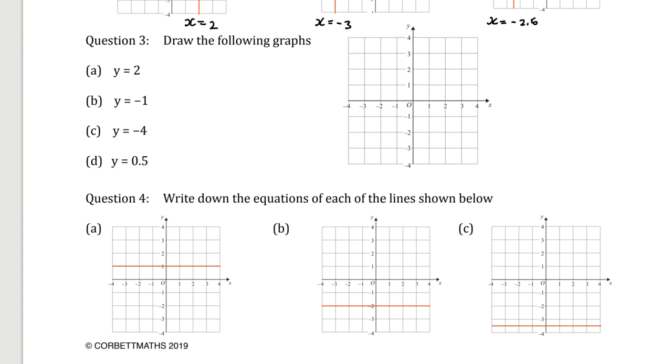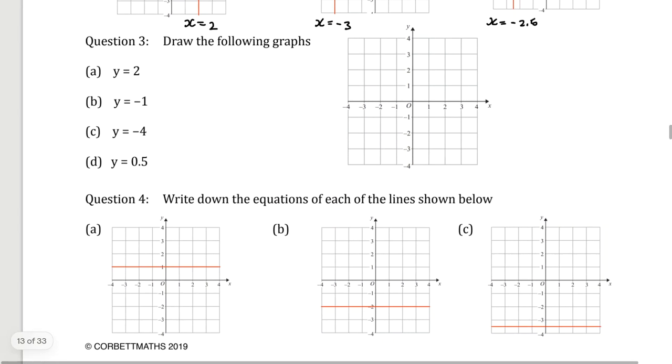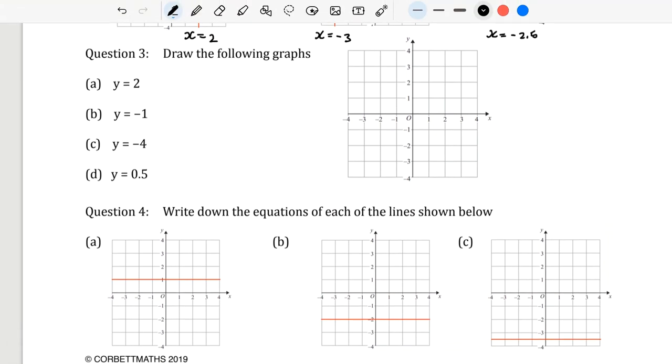So y equals 2 is a line where all the y coordinates are 2 and we don't care what the x coordinate is. Every coordinate on that line has a y coordinate that is always 2. It doesn't matter what the x coordinate is. So you can rattle through the next 6 questions, no problem.